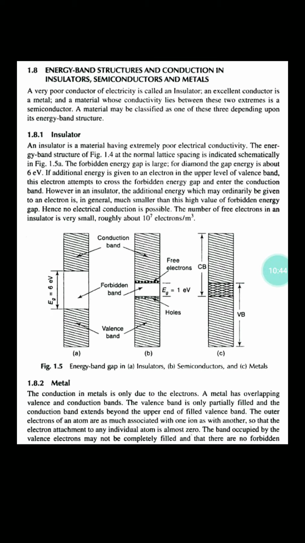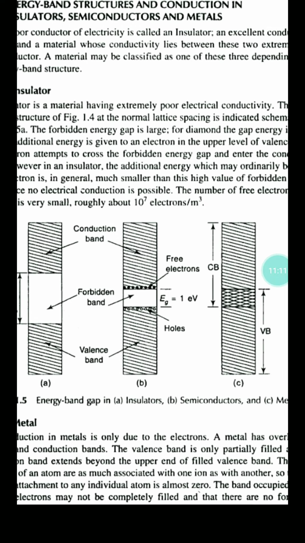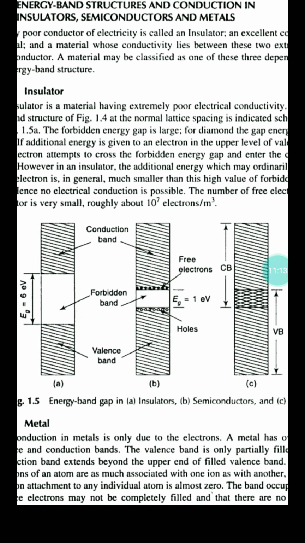Again, a poor conductor is called an insulator, an excellent conductor is called a metal, and one that lies between these two extremes is nothing but the semiconductor. A material may be classified as one of these 3 depending upon the energy band diagrams. So based on energy band diagrams, we can classify these 3 materials. That's why you have to concentrate on these energy band diagrams.